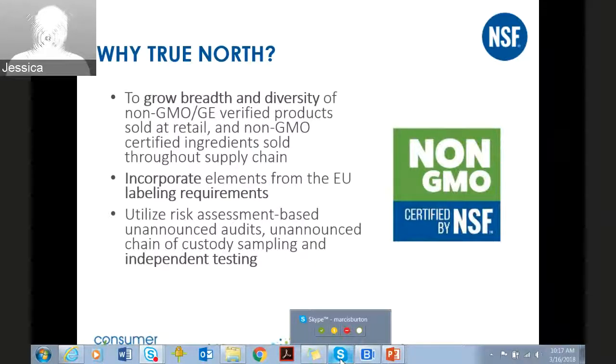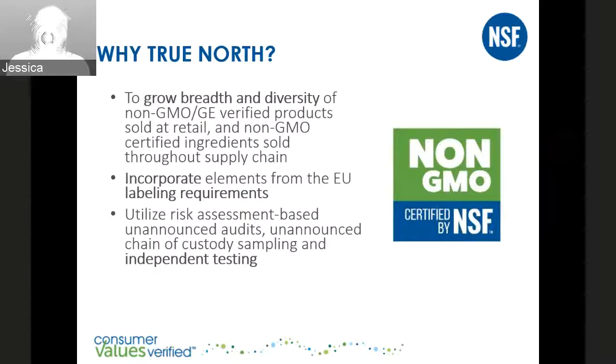True North will incorporate elements from the EU labeling requirements, and True North pulls best practice from commonly used leading food safety standards in the evaluation of the process. And that'll come into play in just a little bit when we look at facilities.